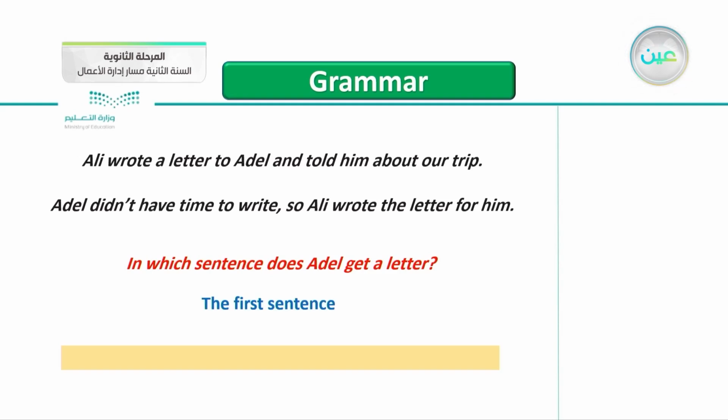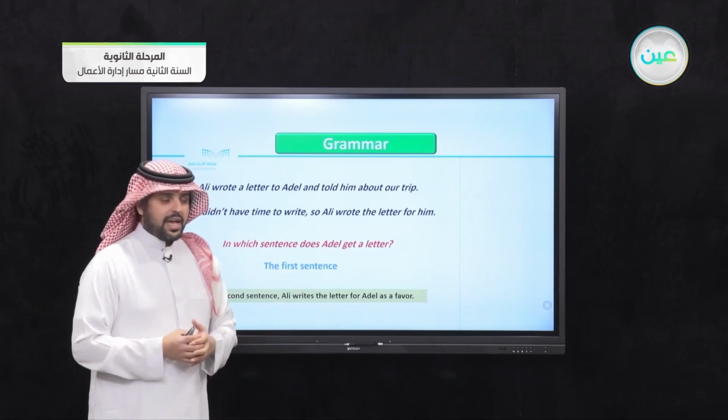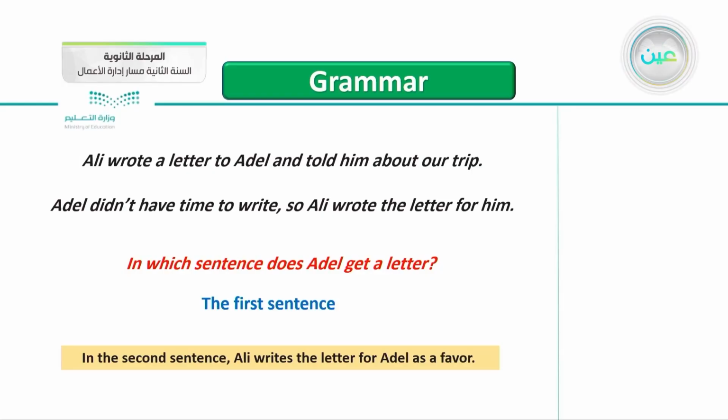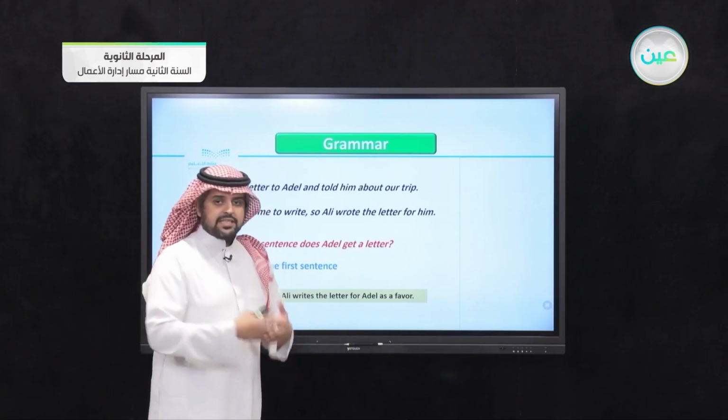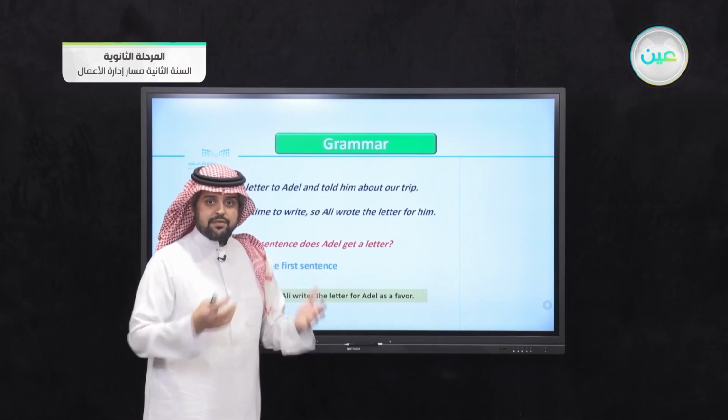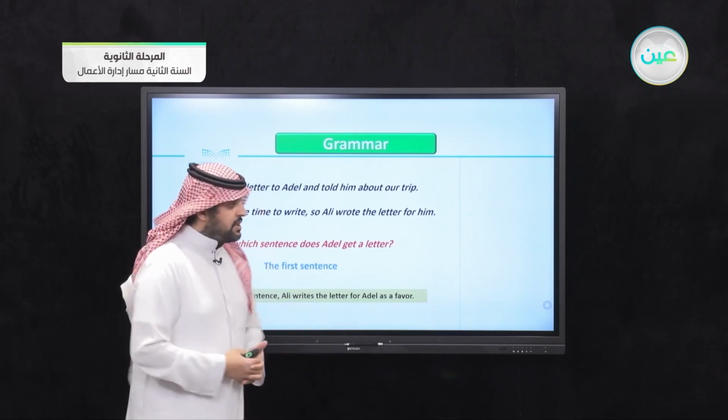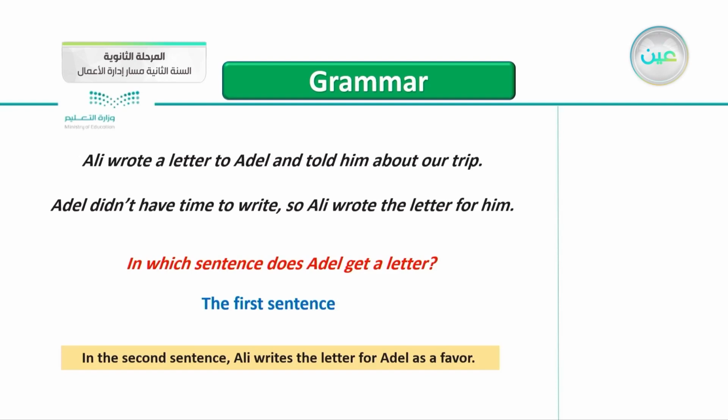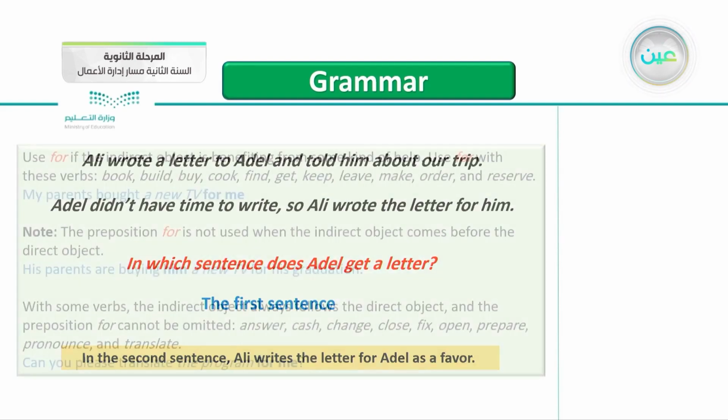The letter was sent to Adil and told him about our trip. So in the second sentence, Ali writes the letter for Adil as a favor, because maybe Adil is busy, so he asked Ali to write the letter for him as a help, as a favor, instead of him. So this is the use of the preposition for.